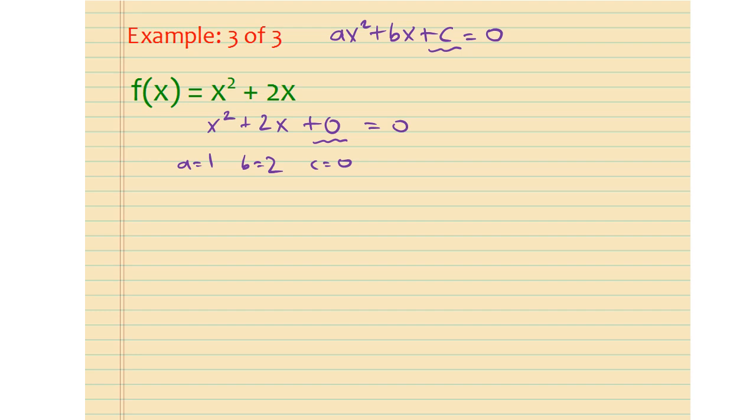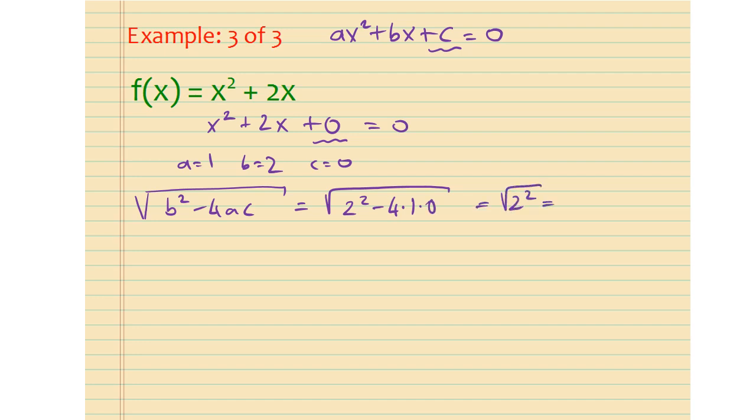We can first find the discriminant. Discriminant was b squared minus 4ac, and I will substitute everything in here. 2 squared minus 4 times a times c, which is 0. It turns out we have 2 squared, and inside of the square root is positive. This will give us two solutions, and this is 4, square root of 4 is 2.